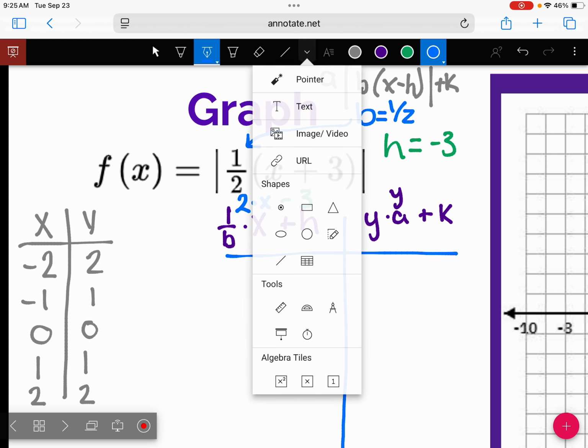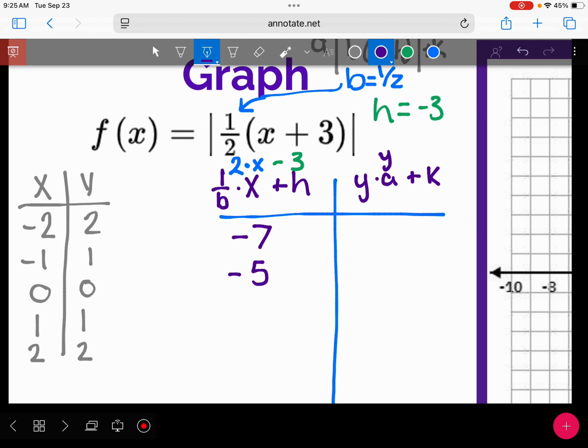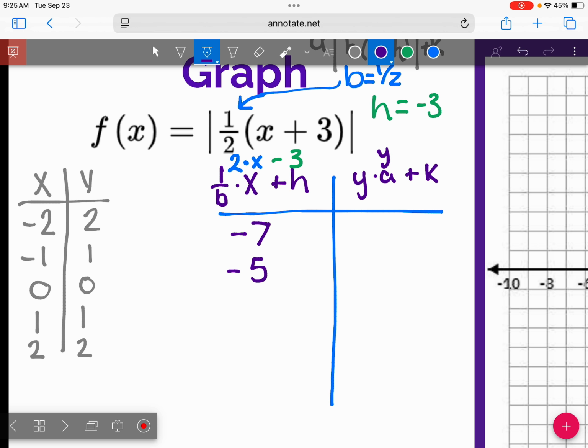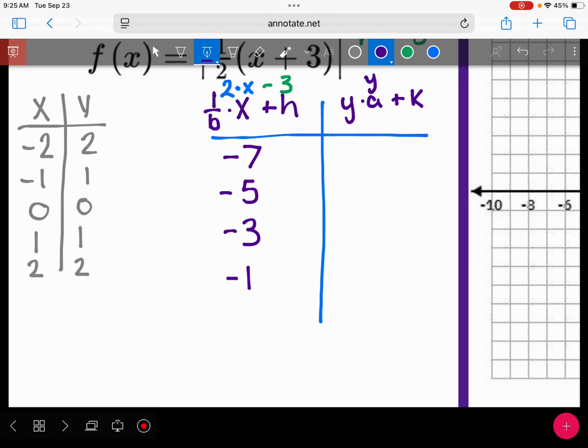So I'm going to take my X values over here, times 2, and then -3. So -2 times 2 gives us -4, -3, -7. -1 times 2 is going to give us a -2, -3 gives us a -5. 0 times 2 is 0, -3 is -3. 1 times 2 is 2, -3 is -1.